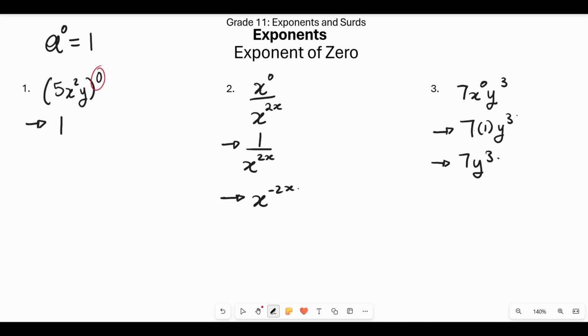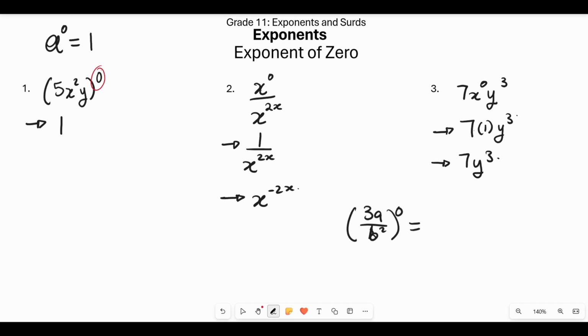Then another example: let's say you had 3a over b squared, all raised to the power of 0. In this case, there is a law that I'm going to talk about in the next video, which I had left out of the lesson, which says that this exponent will distribute, same as the power of a product.